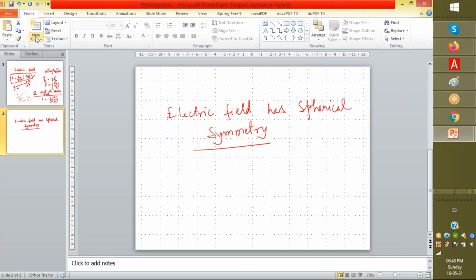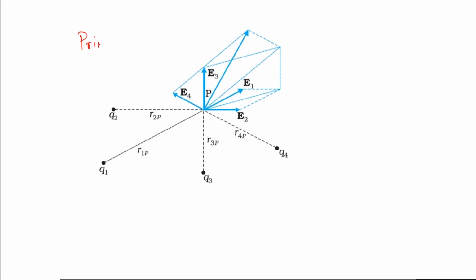So we are talking about principle of superposition when there are multiple charges. Suppose I have q1, q2, then here q3, q4.